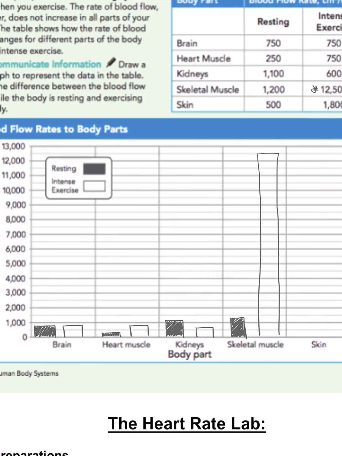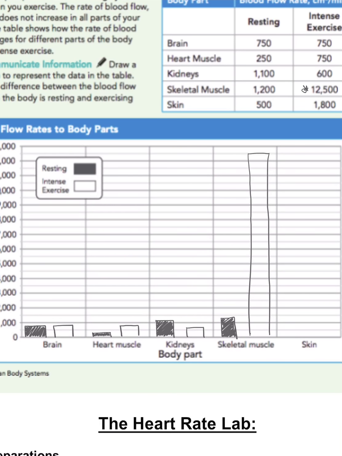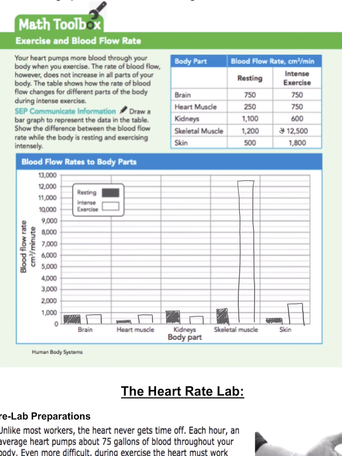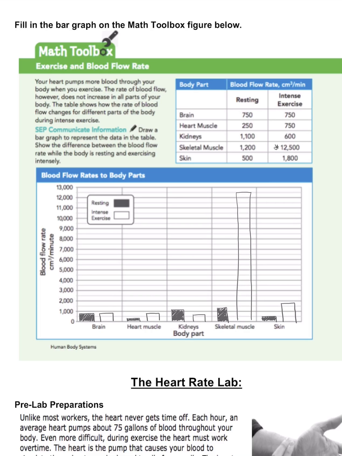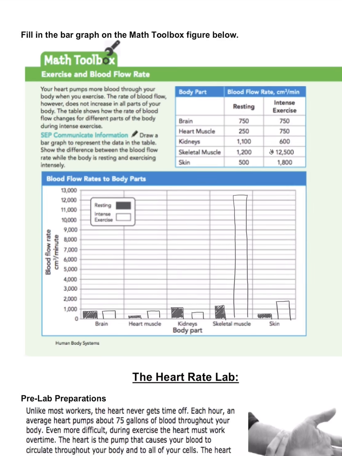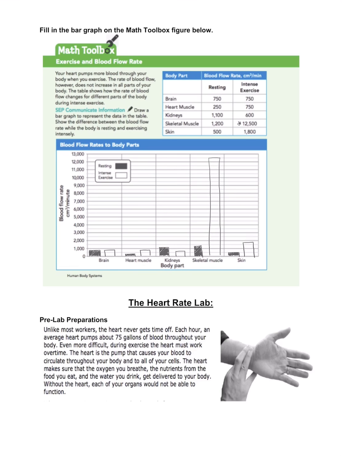Okay, and then for the skin, 500, and 1,800, so almost all the way up to the 2,000 mark. All right, and there we have our bar graph. Hopefully you came up with something a little similar. If you have any questions about this first section, please let me know. Thanks, guys.